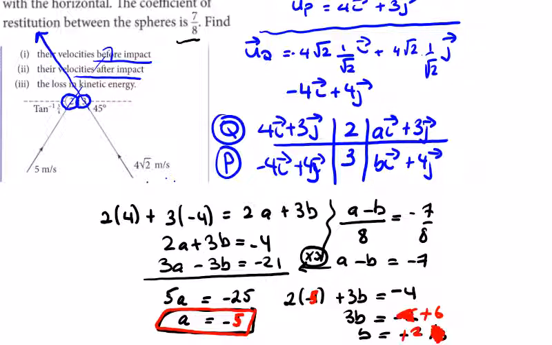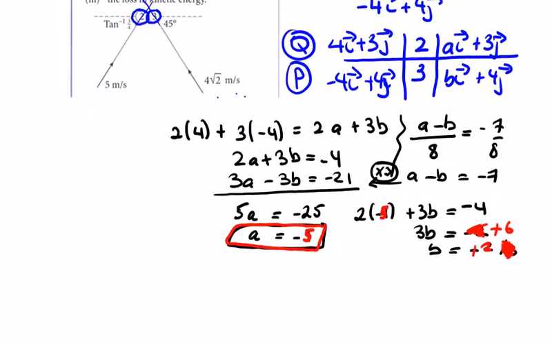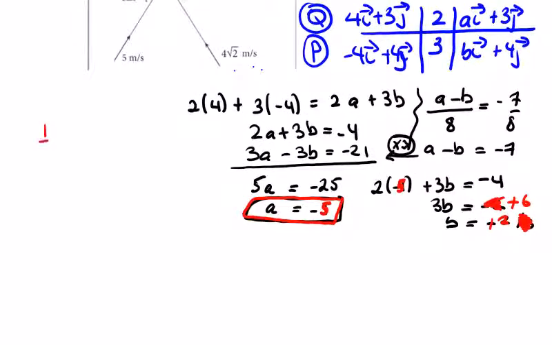Now part 3, the loss in kinetic energy. Do it over here. Half mu squared. Magnitudes here: we're going to have square root of 3 squared plus 4 squared, 5, and square root of 4 squared plus 4 squared, root 32.